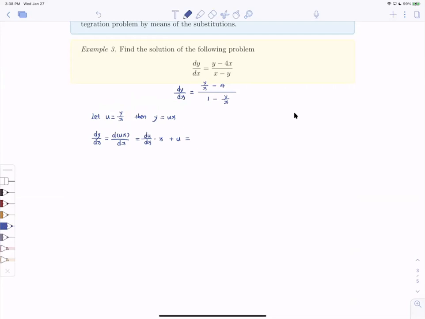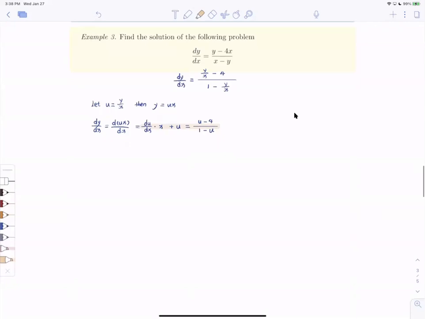So that equals u minus 4 over 1 minus u. Okay, so I'm going to highlight this. This is going to be your separable equation.